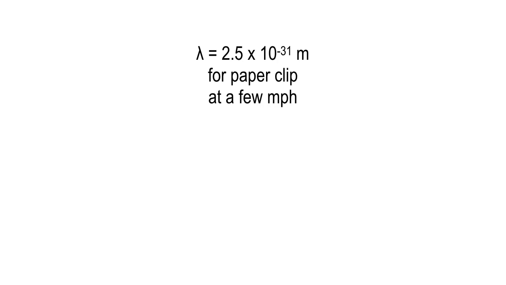10 to the minus 31 meters is way, think of how big your pocket would look. You put a paper clip in your pocket, or in your pencil case. That's like 7 or 8 centimeters. Now think of how many times this lambda is smaller than a pencil case, or your pocket, or your left earlobe.